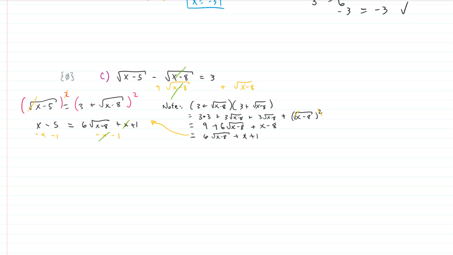The x and the 1 cancel on the right, and we're left with, oh, look at that. The x's cancel on the left as well, so we get negative 5 minus 1 gives us negative 6 on the left. On the right, we have 6 radical x minus 8. Let's divide away the 6's.